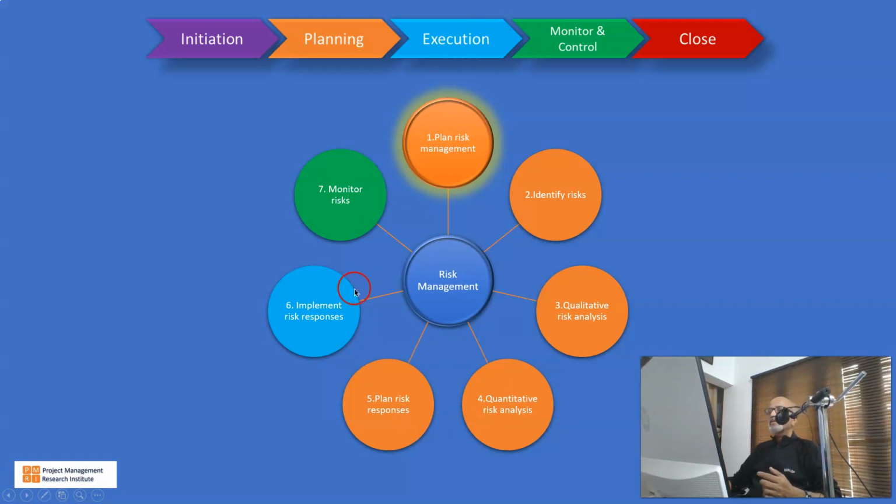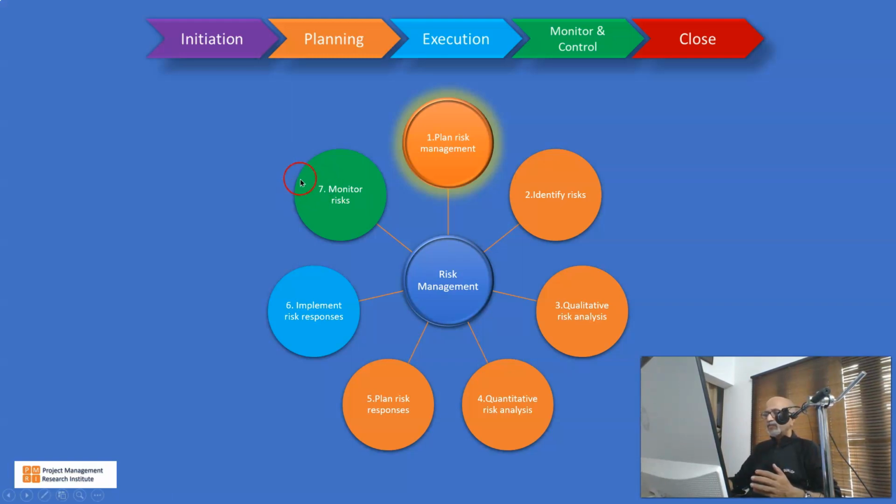Then under execution, we perform implement risk responses, and while performing monitoring and control, we do the monitoring part of the risk as well as the effectiveness of the corrective and preventive actions of risk.